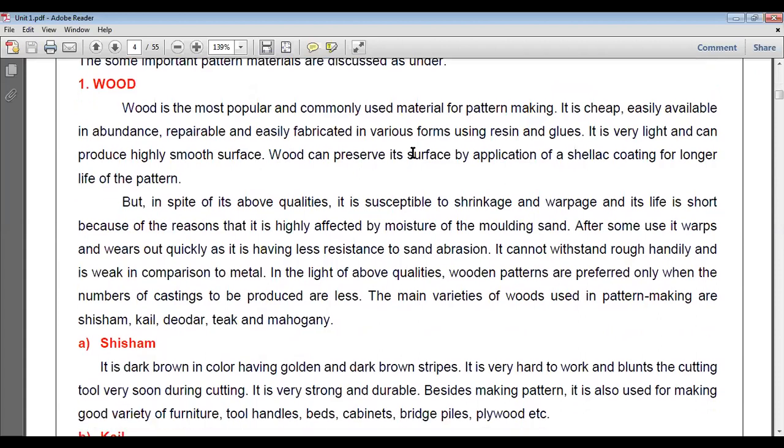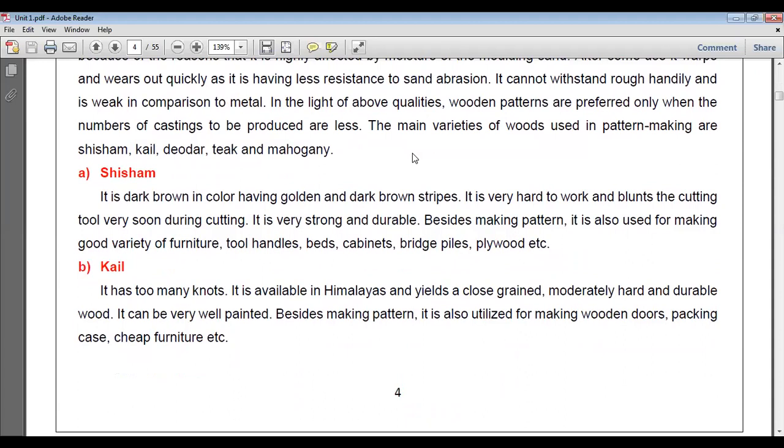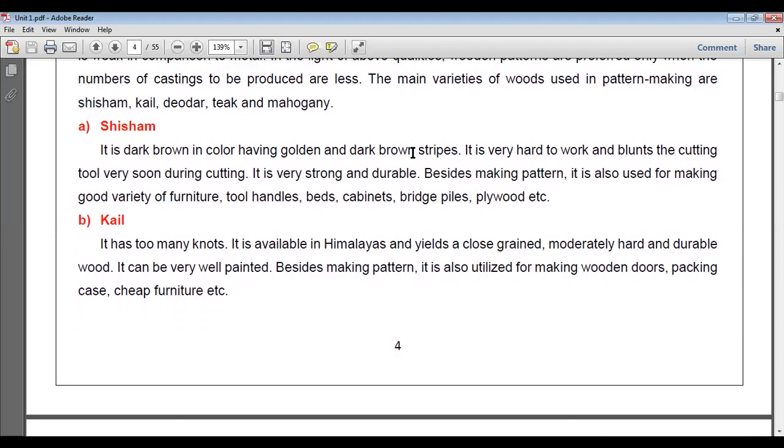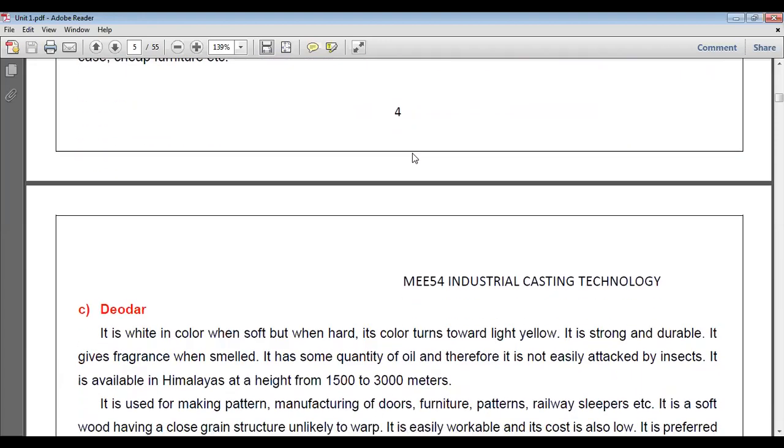Shisham is there, and kail is there. Shisham is the hardest, with high strength, but it is a very costly material. It is strong and durable. Kail is also very good. These are very commonly used woods.